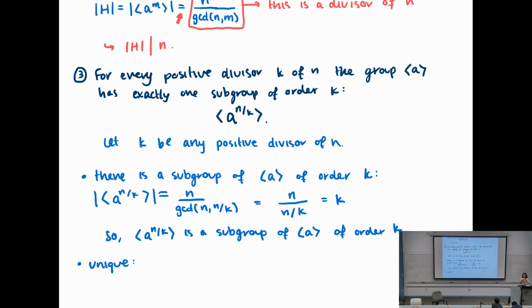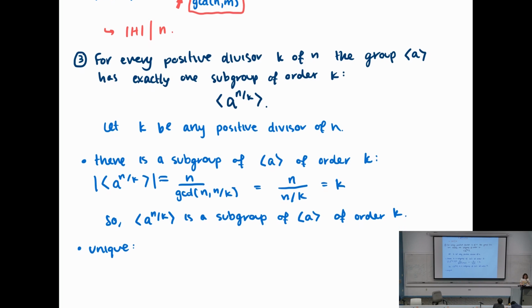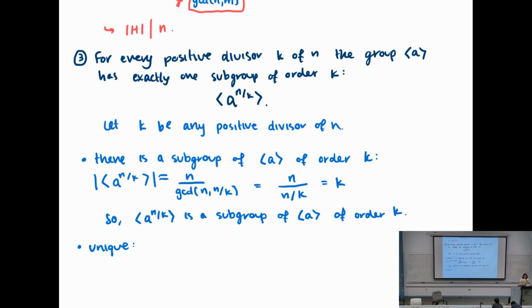Okay, so now let's prove that this is the only subgroup of order k. Are we good up to this point? Okay, so let's suppose H is a subgroup of the group generated by A of order k.